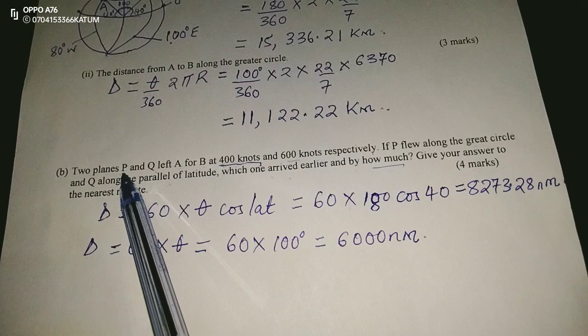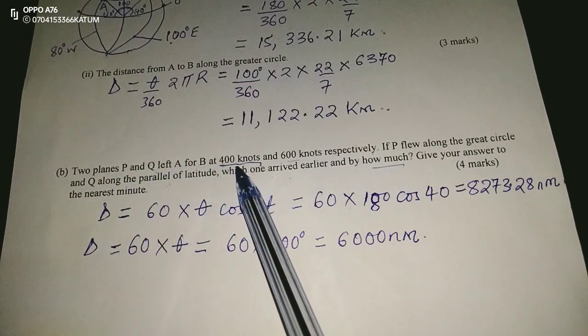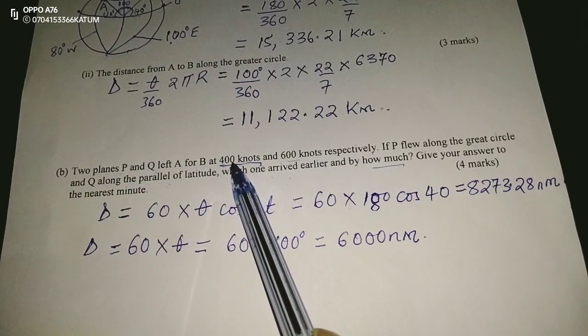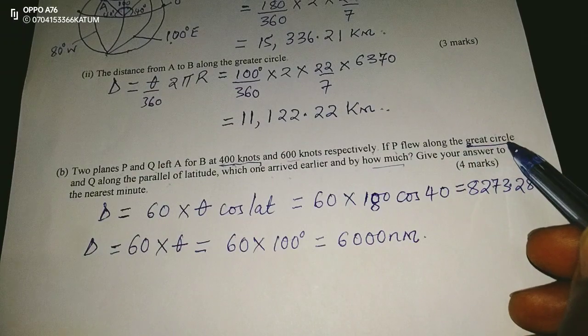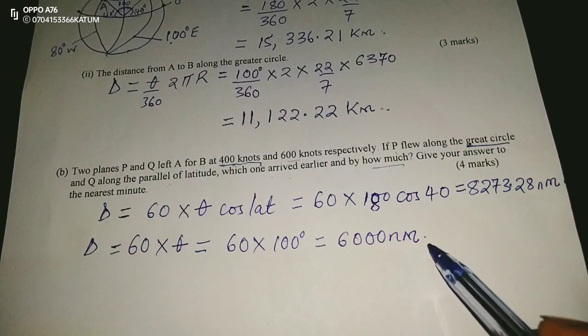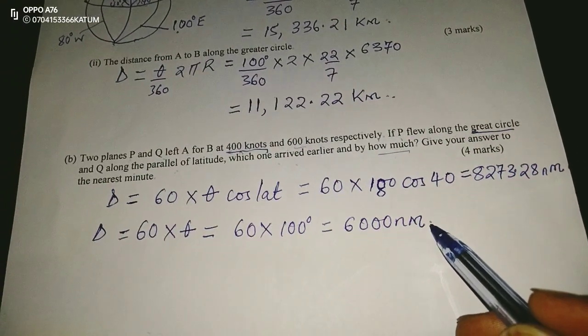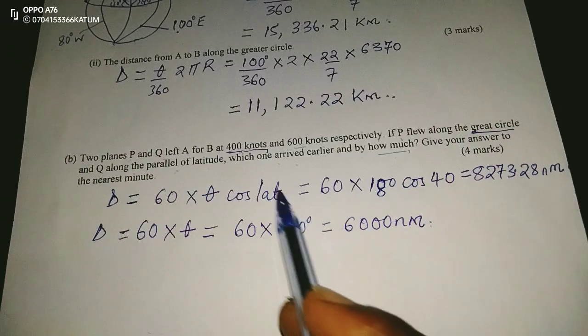Now we're going to consider each plane and the route it followed. P is moving at 400 knots, and P is along the great circle. Therefore, P is the one covering 6,000 nautical miles at a speed of 400.